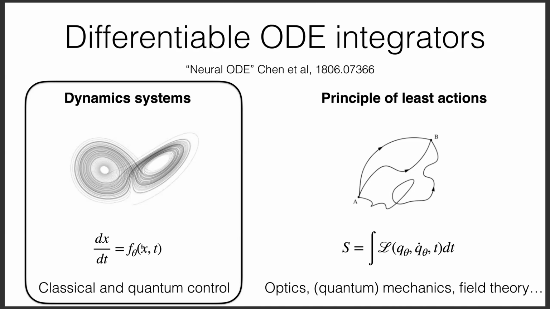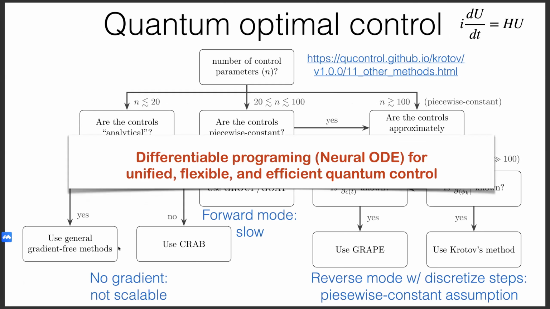For example, in quantum control, there are actually many methods. I won't go into details. But if you look through the lens of differentiable programming, you are going to discover that some of the approaches are forward mode, and some are reverse mode, but with the sometimes unnecessary assumption that the control sequence is piecewise constant.